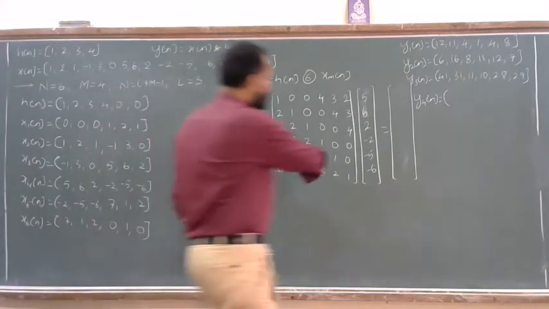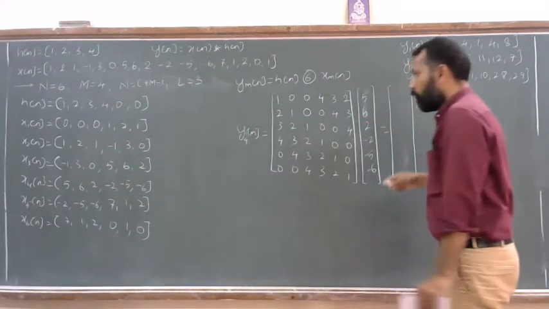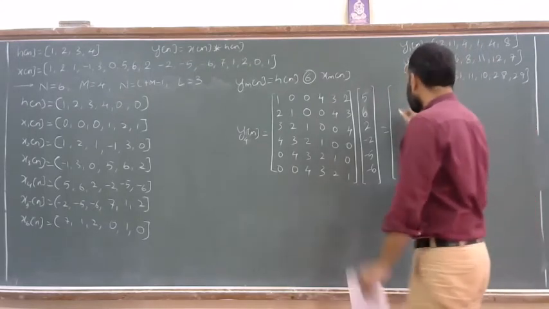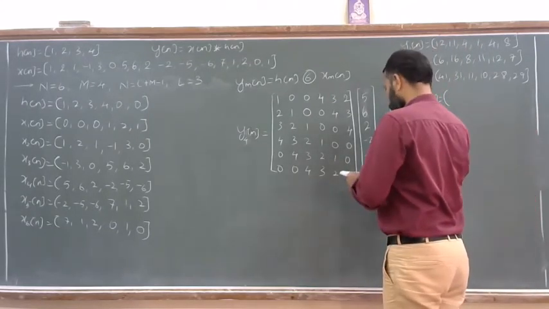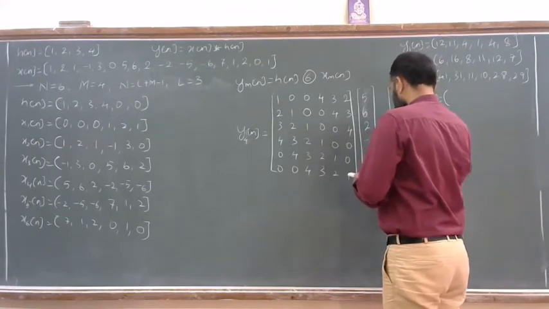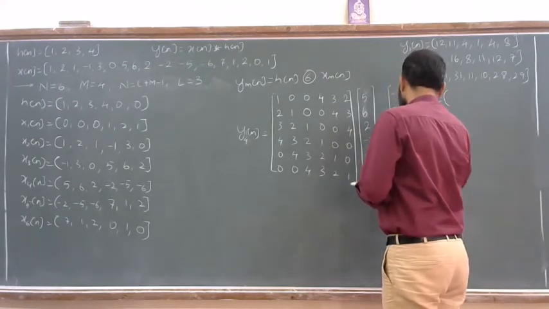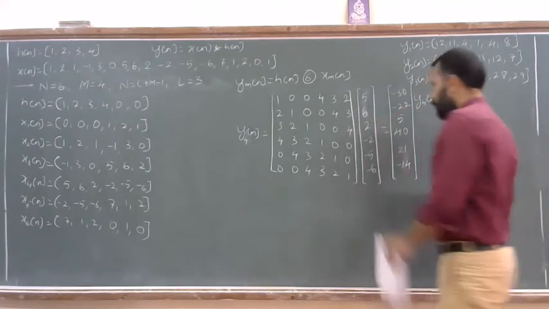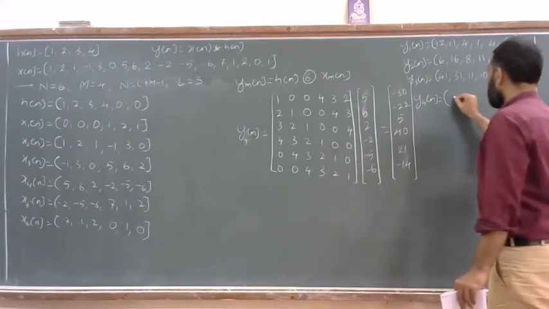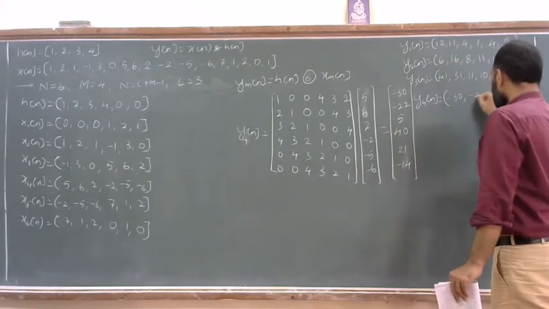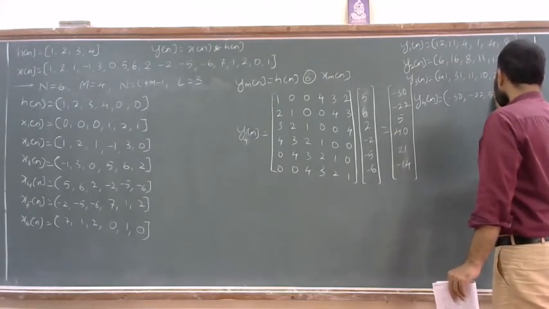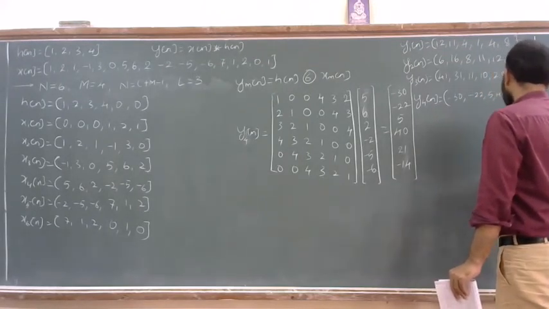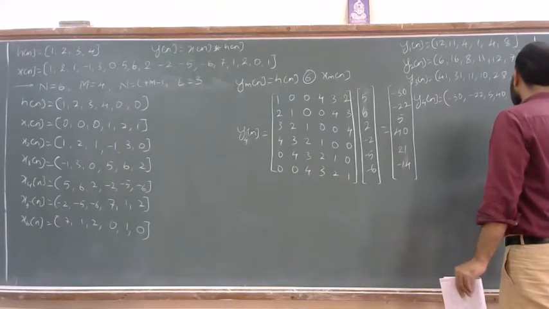After multiplying these two matrices, we'll get the fourth segment of data, which will be minus 30, minus 22, 5, 14, 21 and minus 4.